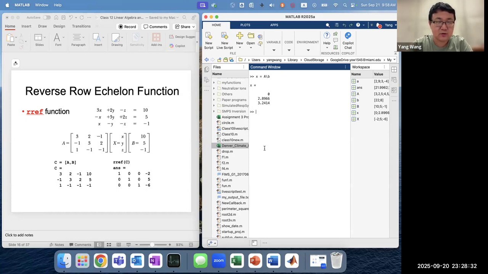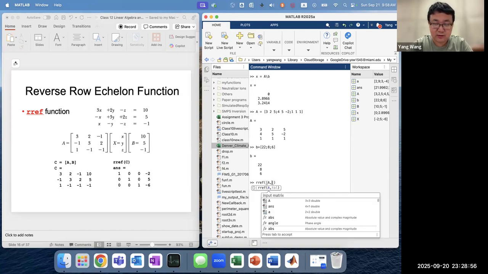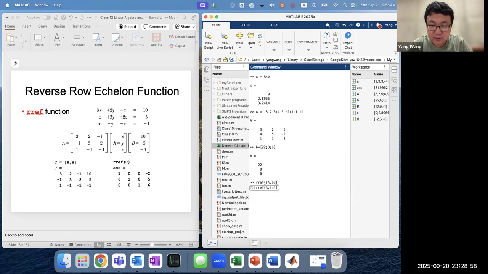So for example, we can still use the same set of definitions, right? A equals this, our beginning, and we also had B equals this thing here. So what the rref function does is cancel A and B to the form where you have a diagonal matrix.